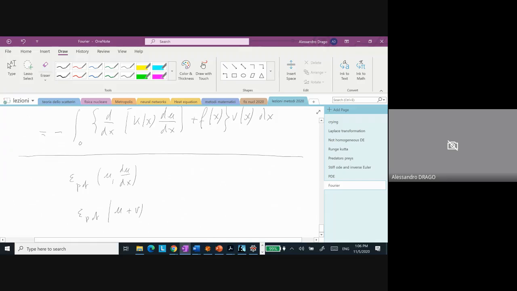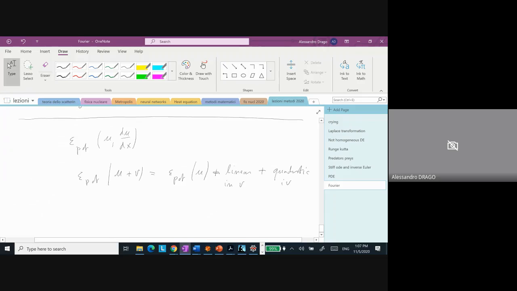And in particular, we have demonstrated that this is equal to the potential energy evaluated at u plus something linear in v plus something quadratic in v.